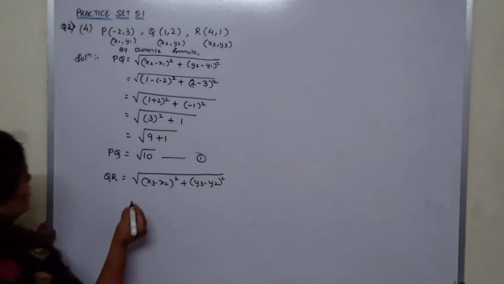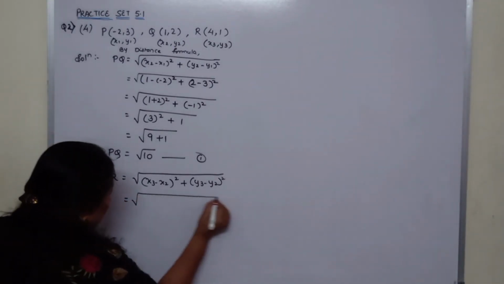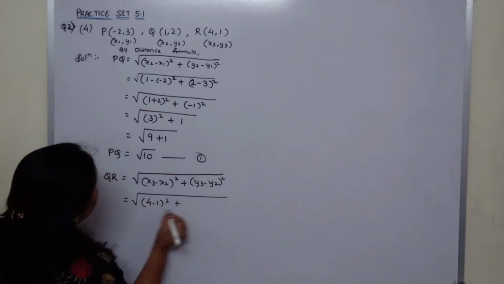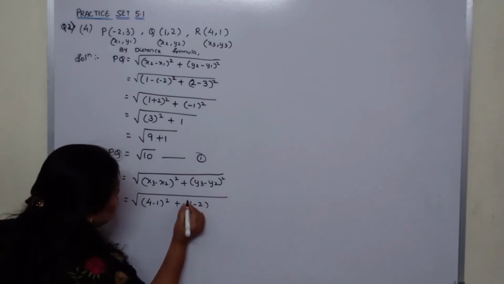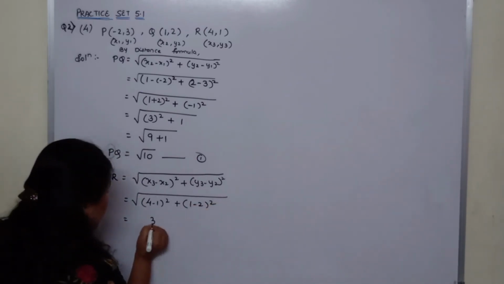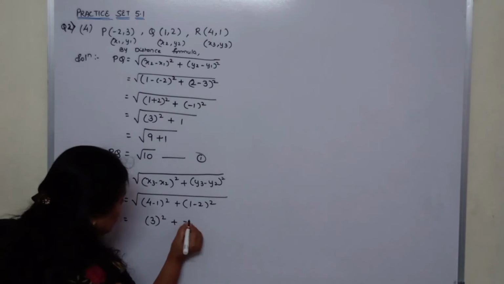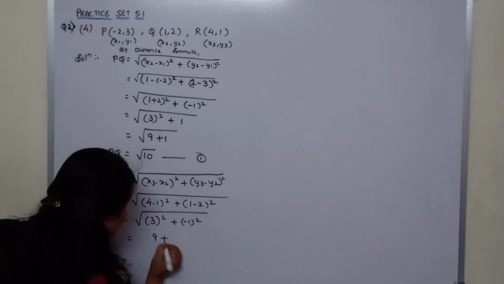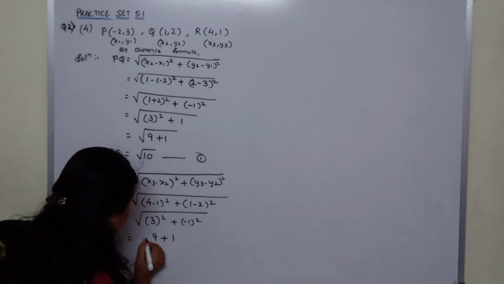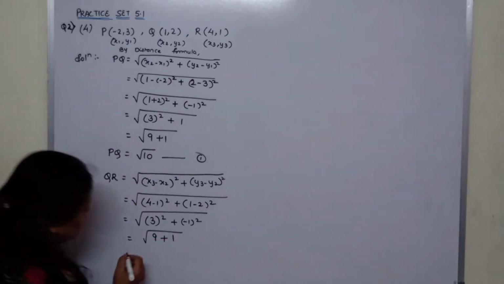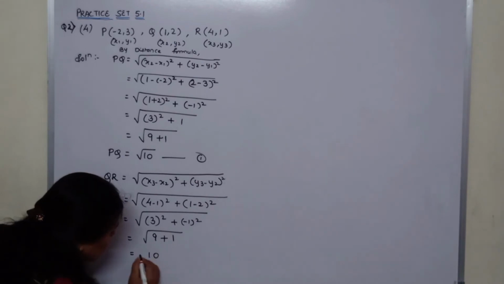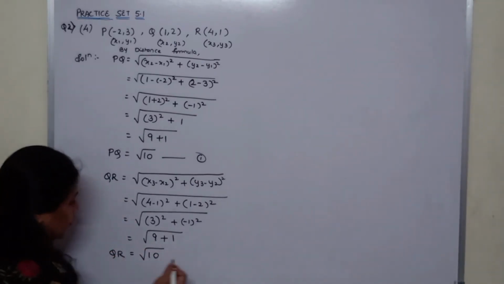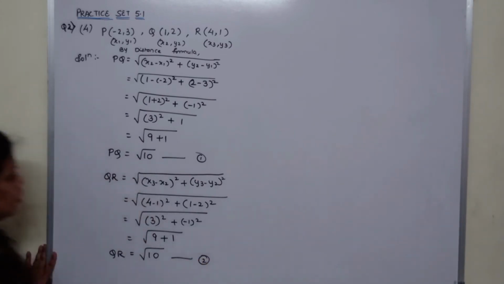So 4 minus 1 the whole square plus 1 minus 2 the whole square will be 3 the whole square plus minus 1 the whole square. 3 3s are 9 and minus 1 into minus 1 is equal to 1. So 9 plus 1 is again 10. So root 10 is QR. That is our equation 2.